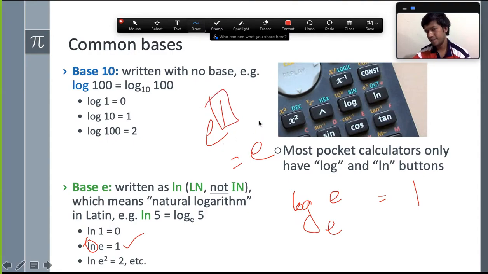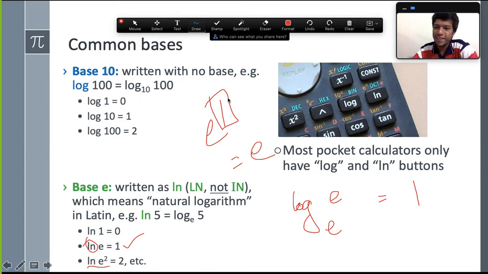The exponent is the answer, the power is the answer, and the name is index, or indices. They always have different names, and we should know all of them. So e to the power 1 equals e. That is why it is 1.